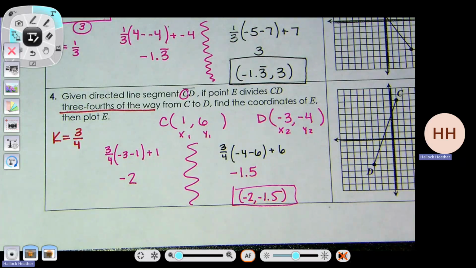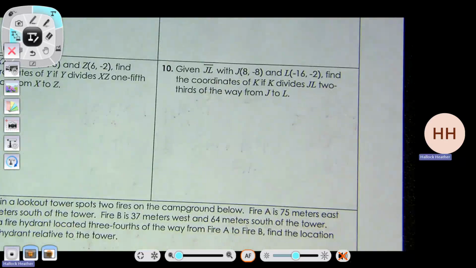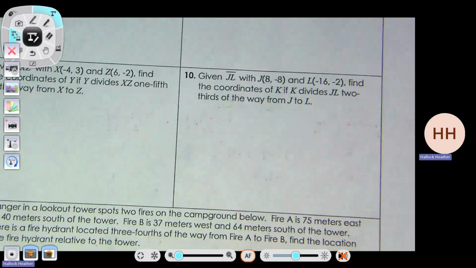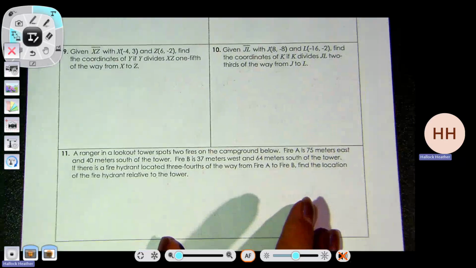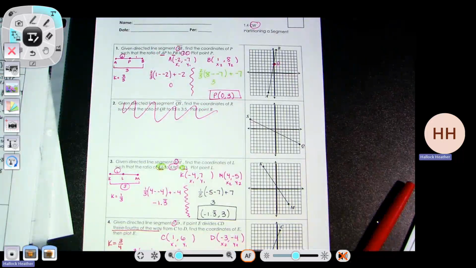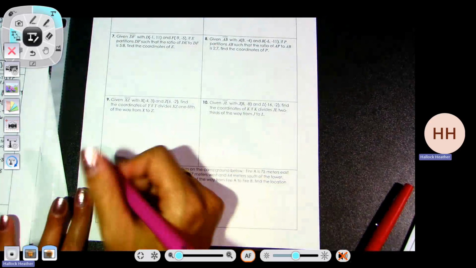Okay. On the back side, let's cross off some problems so that we have less to do. And that way you can relax. We cross off number 2 on the front. On the back side, you can cross off number 11 because this is never involved in real world problems.